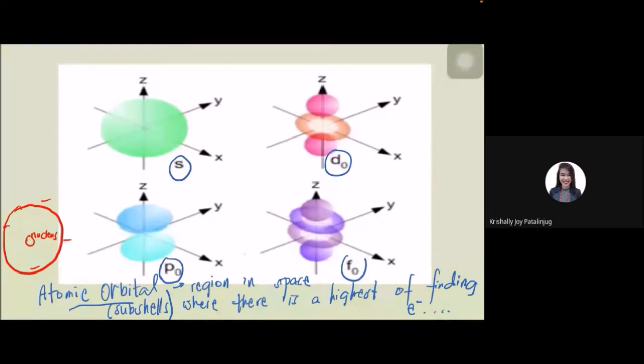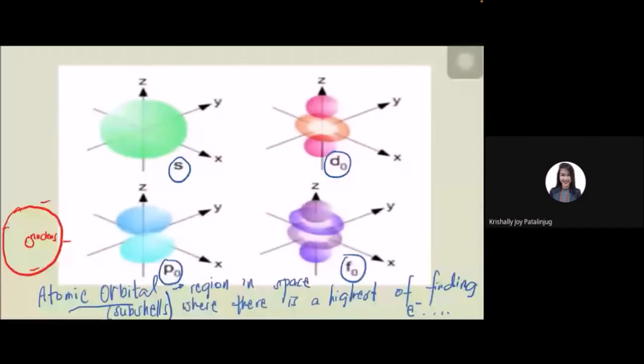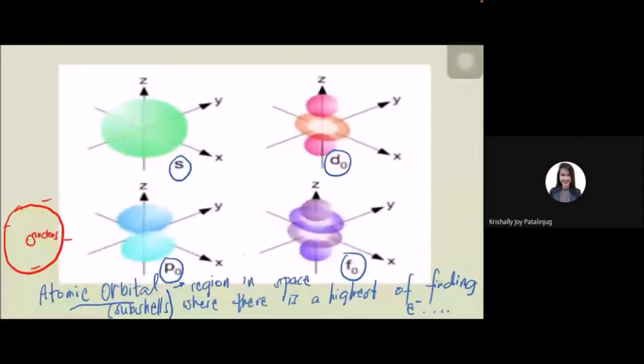The S is spherical in shape. The P, below the S, looks like a dumbbell shape. Then the D looks like a clover leaf; you can search on the internet for the clover shape.